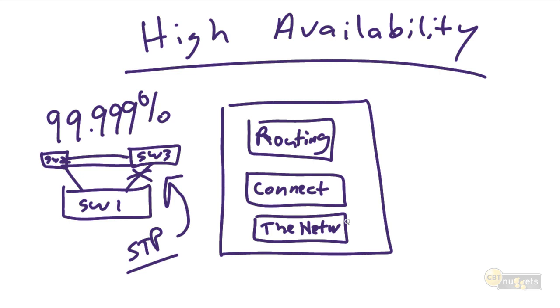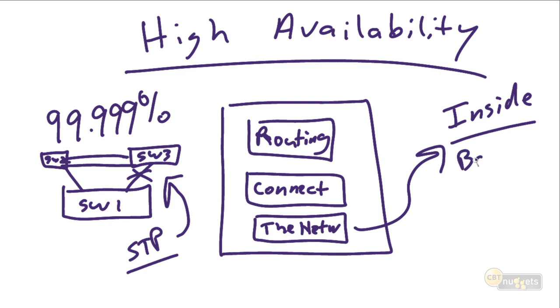Now, when you talk about high availability in the network itself, I like to break this down personally into two categories I've always used: high availability redundancy inside each device, and then redundancy between devices. Okay, so we think about a big multi-layer switch from Cisco, and we have redundancy inside it because there's two power supplies, for example.